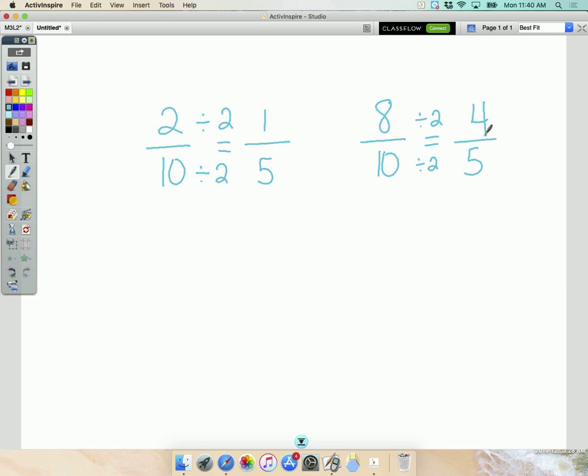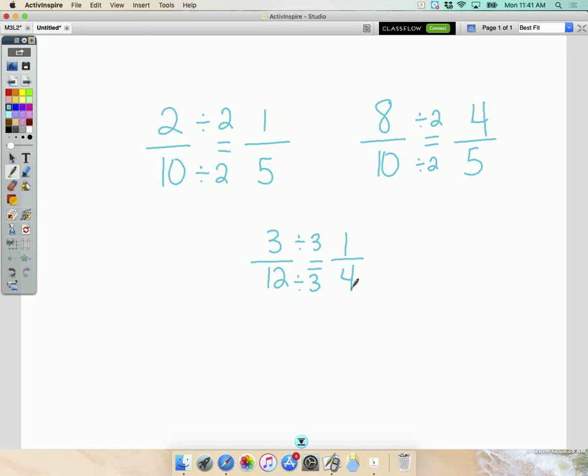Let's try another one. Okay, so I have to look at the 3 and the 1. 3 divided by something equals 1. What is it? So 12 divided by 3 equals, okay.